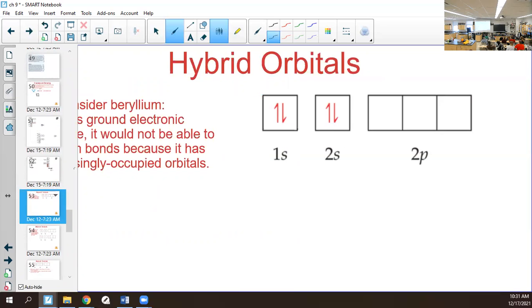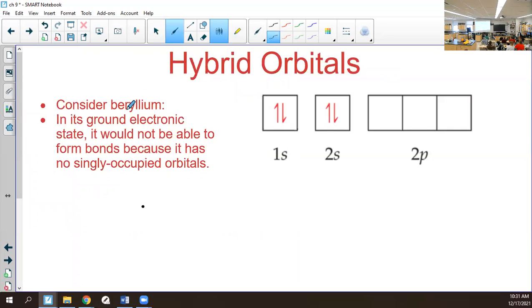So consider beryllium. Beryllium is element number 4, which means it has 4 electrons, which means if I were drawing the box vertically, it'd be full right there, right? And there would not be able to be any overlap here. I wouldn't here anyway, because that's a core electron, right?